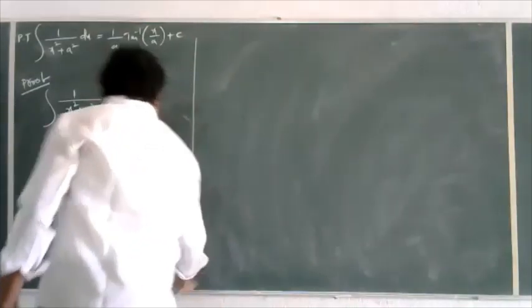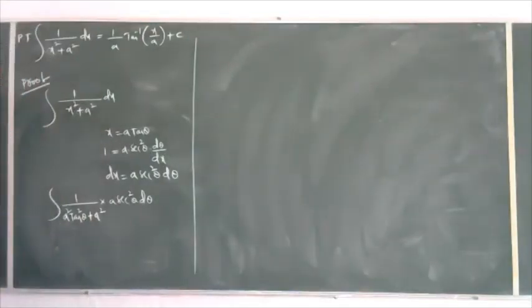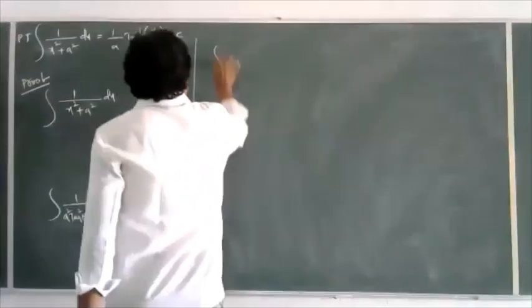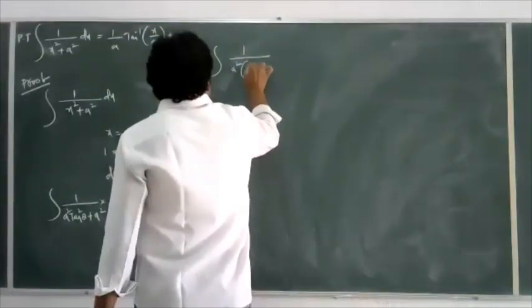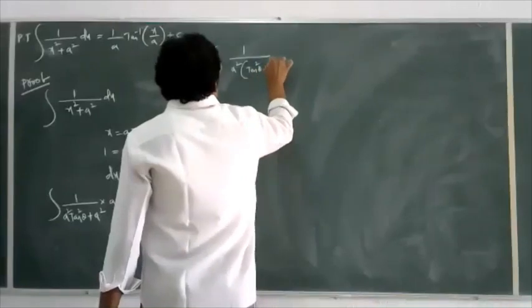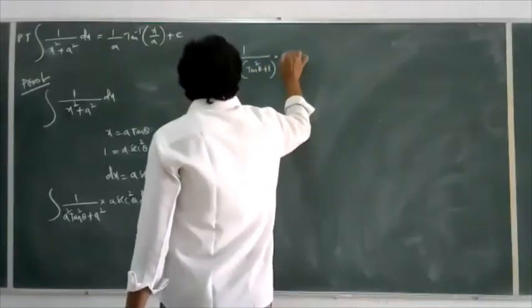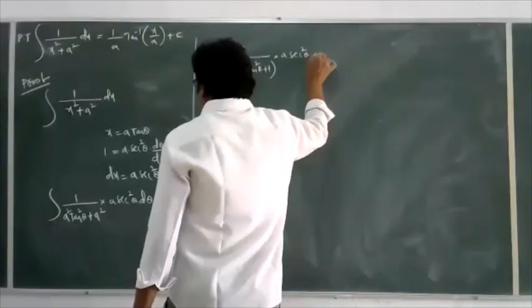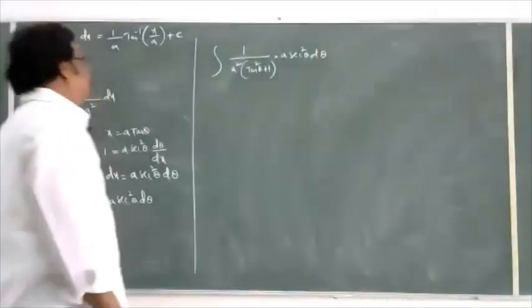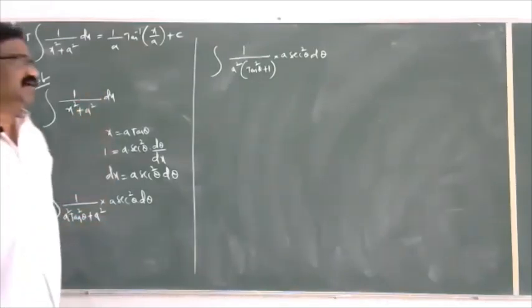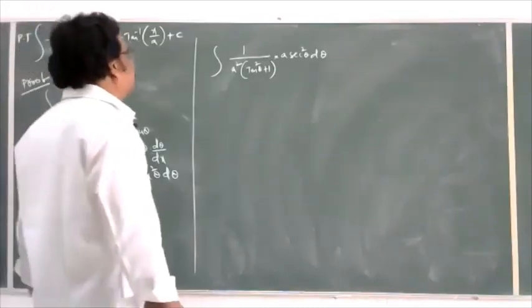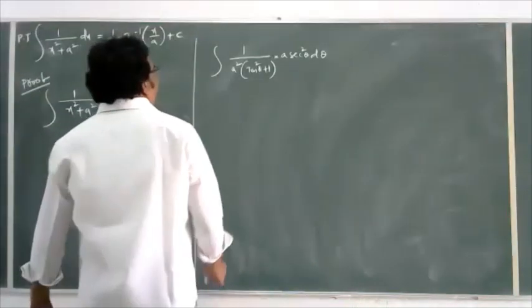And the next step, in the denominator you take a square common. Integral 1 by a square common, that is tan square theta plus 1, into a secant square theta d theta. In the denominator, a square tan square theta plus a square, in that a square is common. That is, in the denominator, a square into tan square theta plus 1, into a secant square theta.